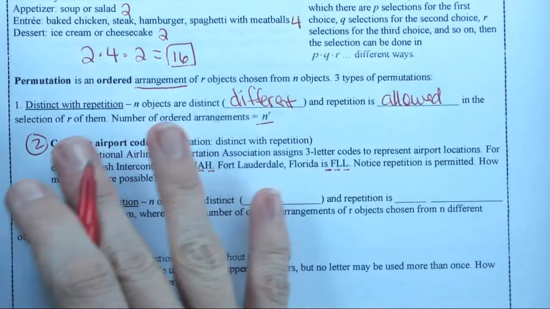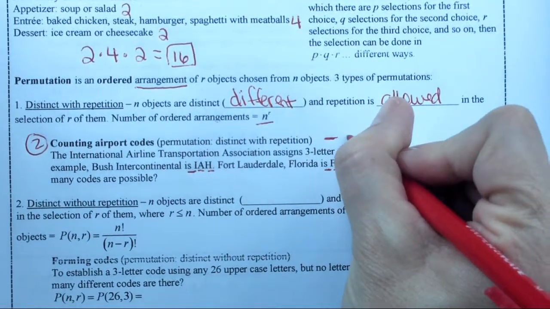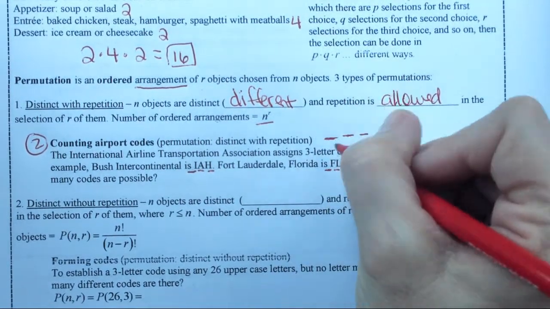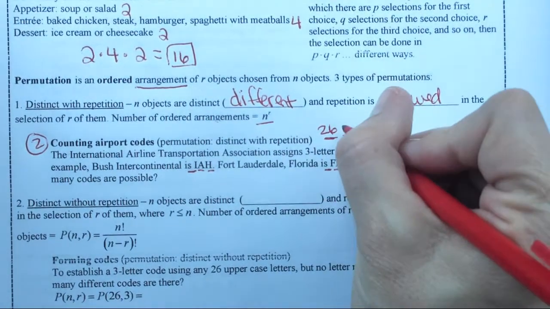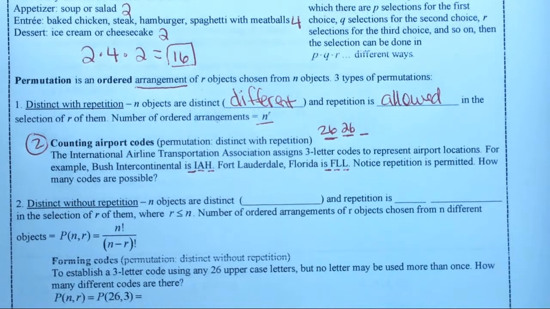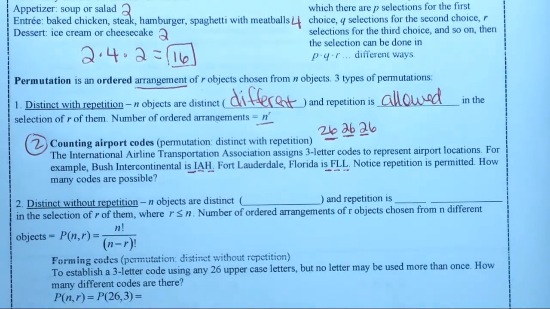So if I want to figure out the total number of codes possible, I know that I'm going to be choosing 3 different letters. I know if I'm thinking about the alphabet, there are 26 letters I could choose from for the first slot. Since I can repeat, I still have 26 to choose from for the second slot. And I have 26 to choose from for the third slot.